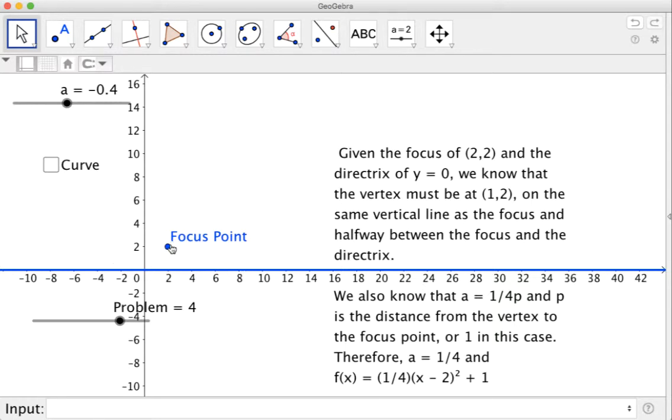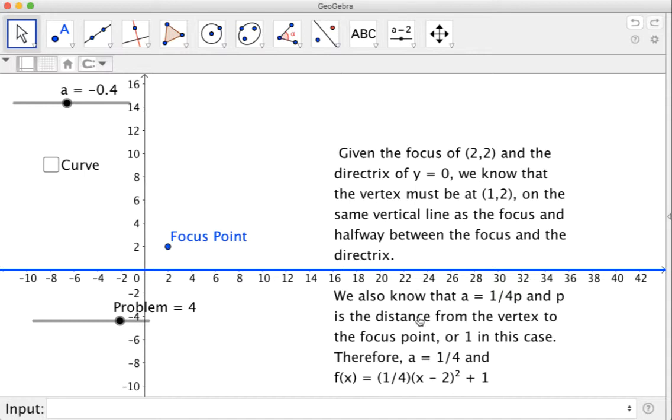Our vertex is halfway between the focus point and the directrix, and it has the same x value as the focus point. Therefore, we know that the vertex has to be at the point (2, 1). This should be (2, 1) here, because it must lie on the same vertical line as the focus point.